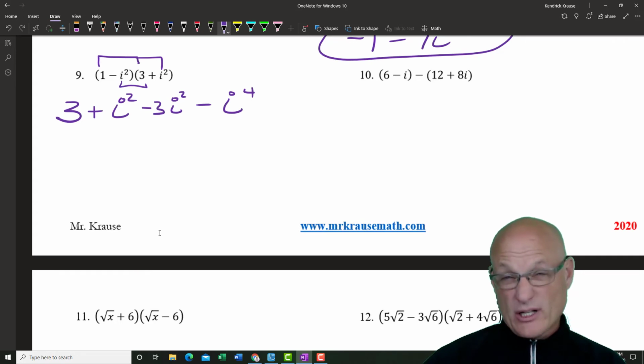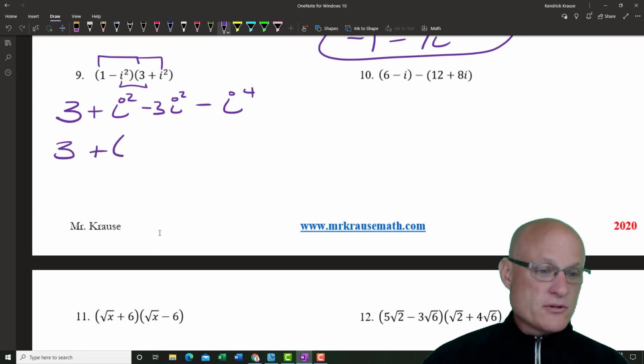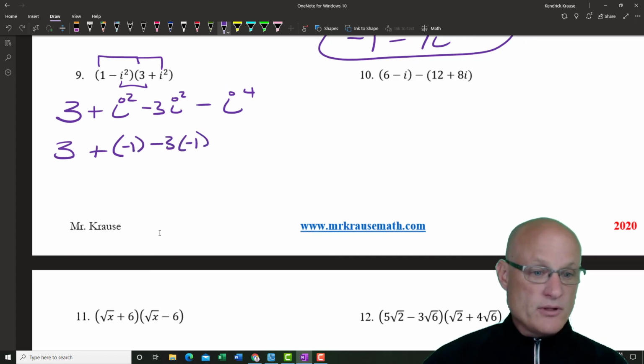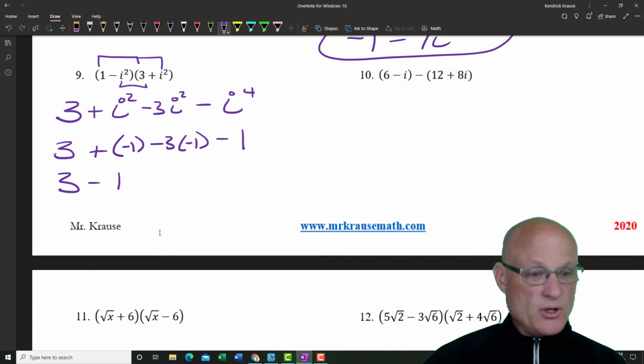And by the way, this is the really hard way to do this problem. 3 plus negative 1 minus 3 times negative 1. And then do you remember that i to the 4th is really 1? So minus 1. So this becomes 3 minus 1 plus 3 minus 1, which is really 6 minus 2, which is 4.